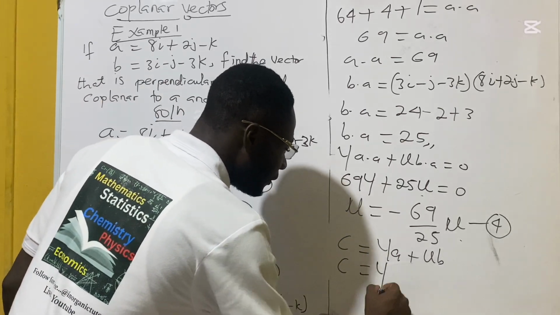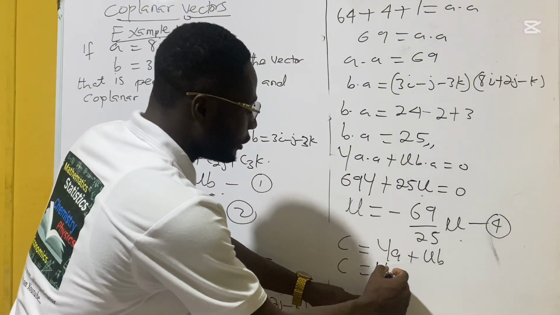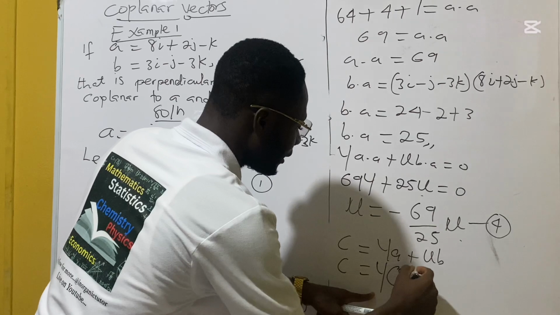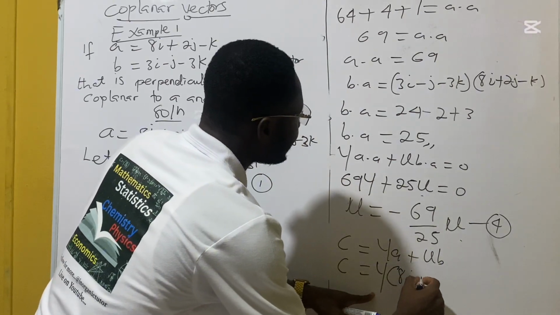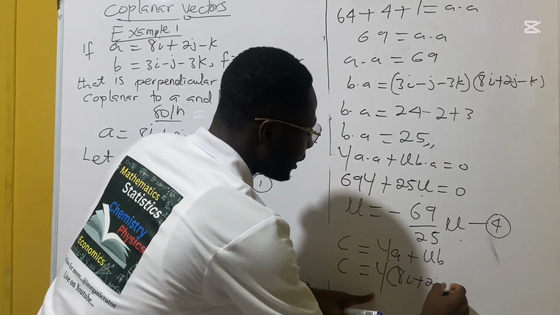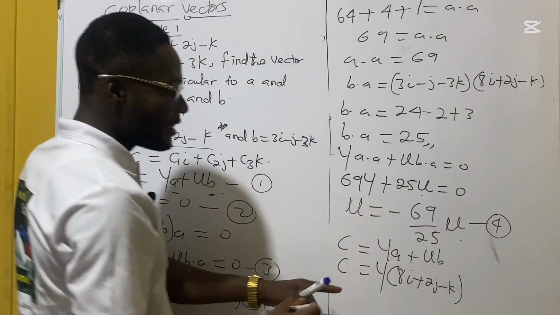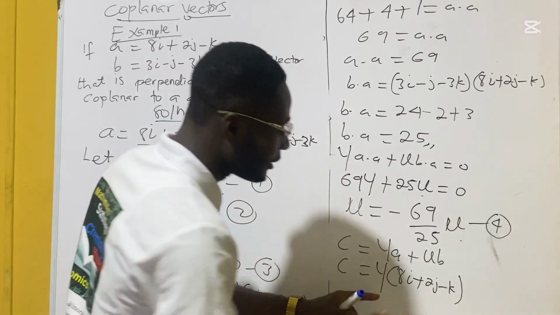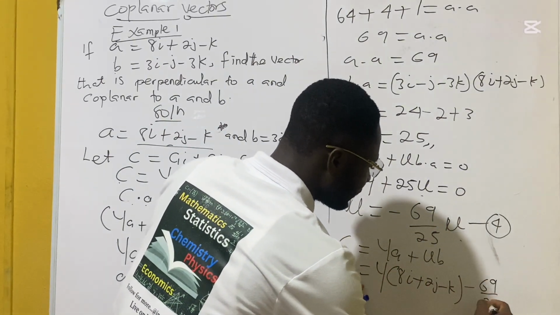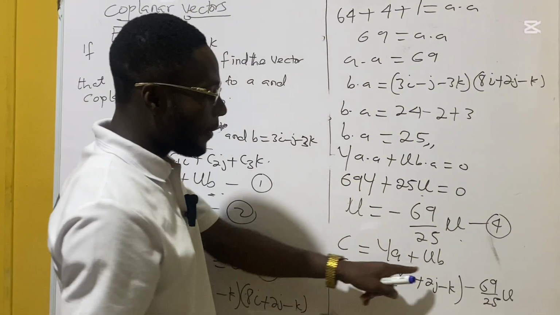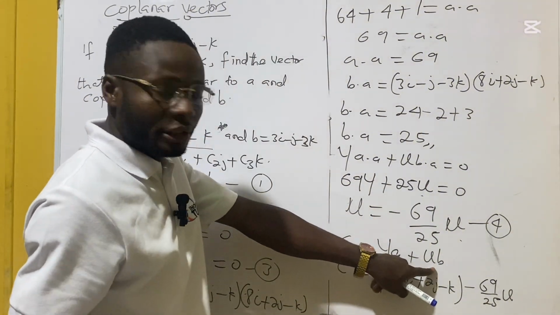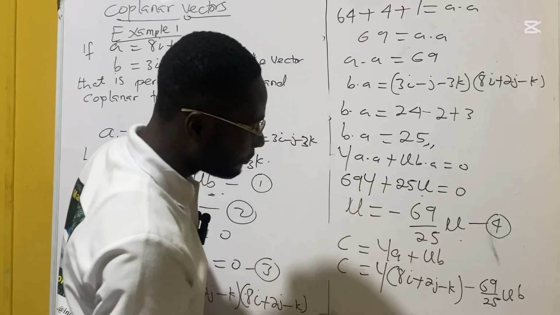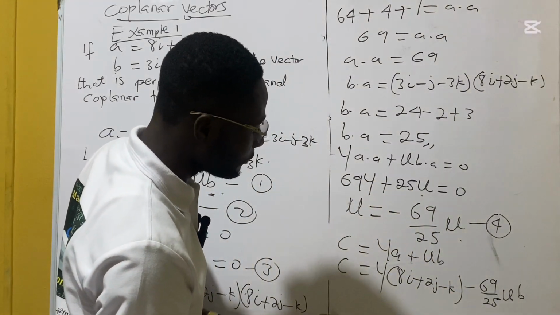So we have gamma into A, and our A is 8i plus 2j minus k. Then our mu is minus 69 over 25 gamma, multiplied by B. So all this multiplied by B, that is what we have here.